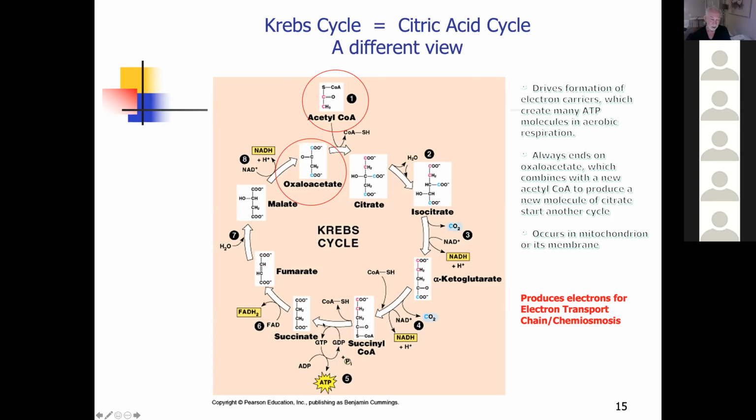And I'll remind you that during one turn of the Krebs cycle, there is one substrate level phosphorylation resulting in ATP synthesis.